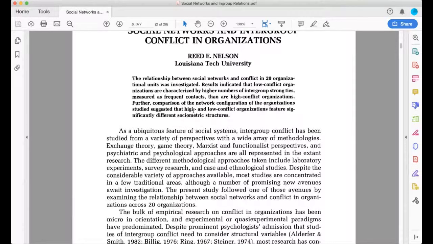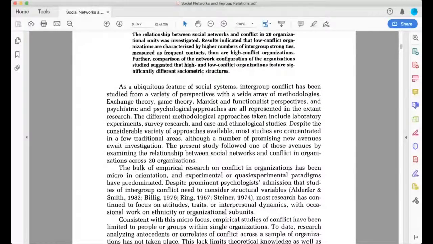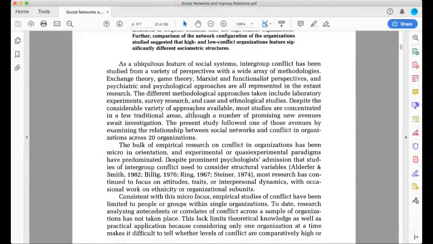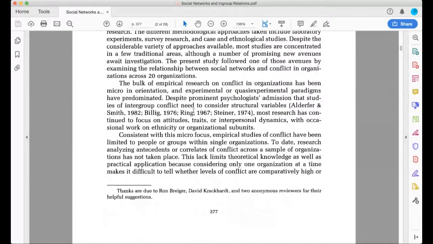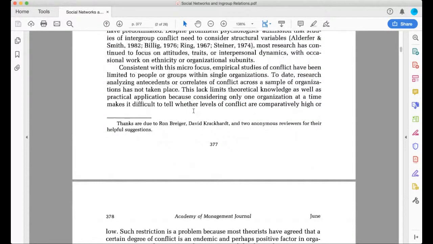We look at the first sentence. Feature of social systems, intergroup conflict has been studied in a variety of perspectives. Okay. The bulk of empirical research on conflict in organizations has been in micro orientation and experimental or quasi-experimental paradigms. Consistent with this micro-focus, empirical studies of conflict have been limited to people and groups within single organizations.